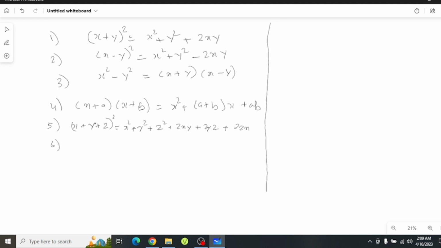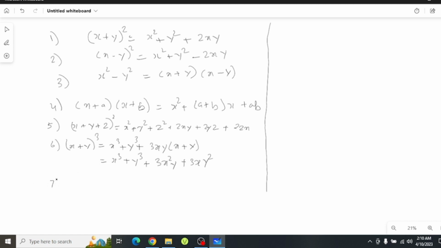Number 6 is (x + y)³ = x³ + y³ + 3xy(x + y). You can also write it as x³ + y³ + 3x²y + 3xy².